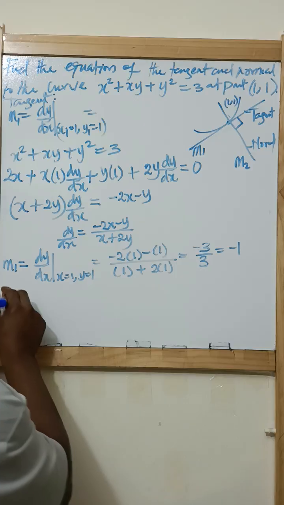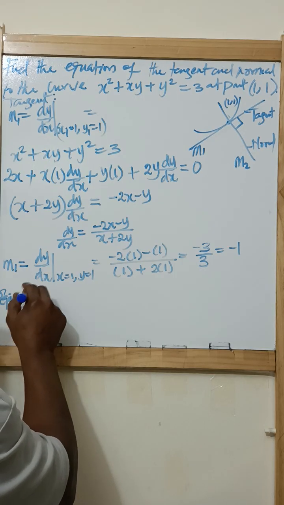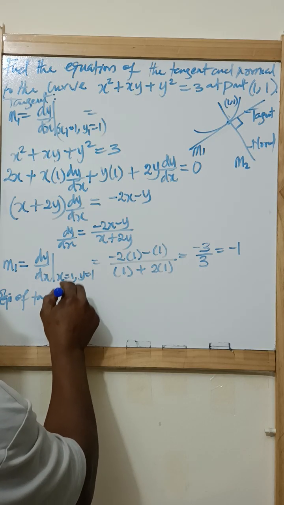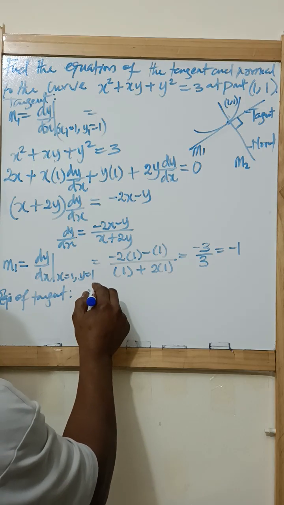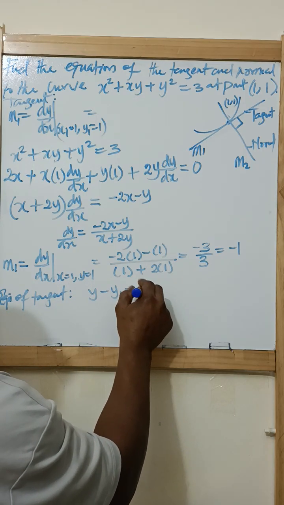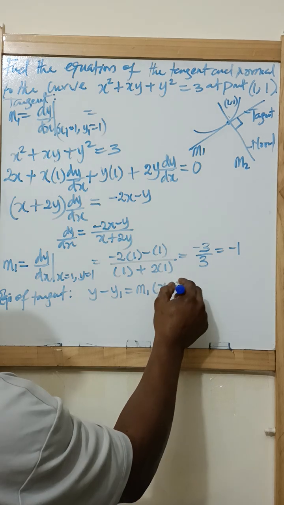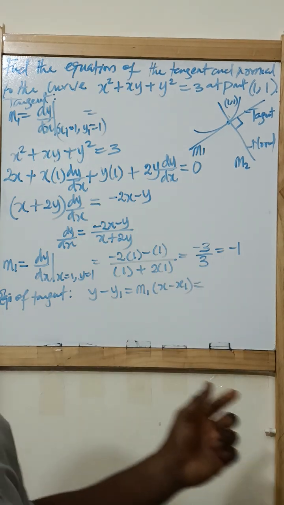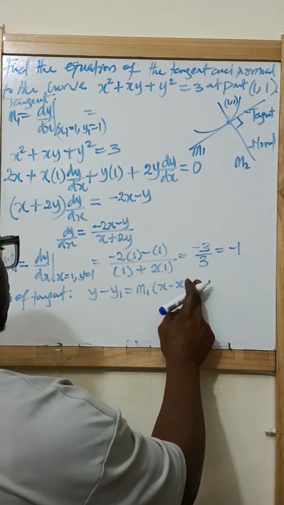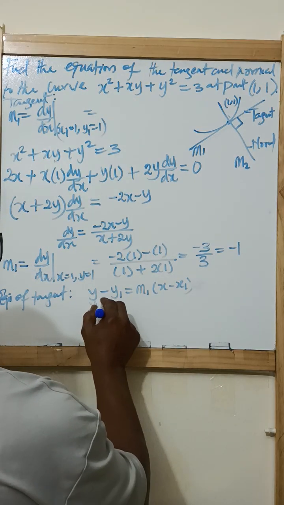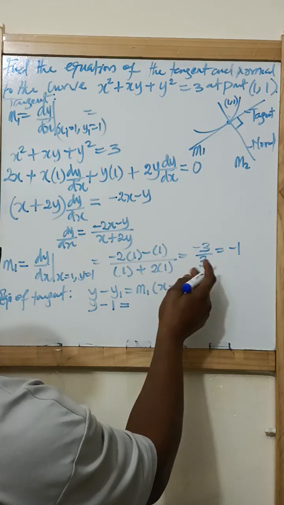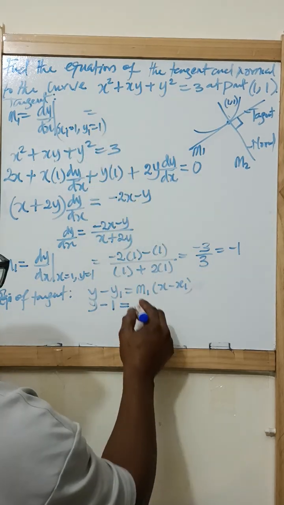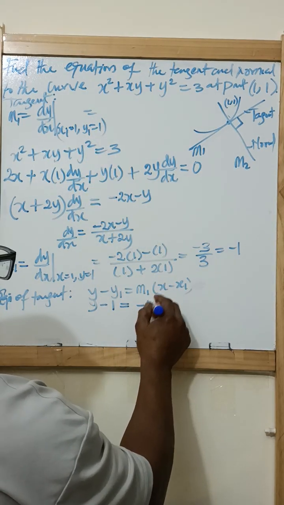So the equation of the tangent will be y minus y1 equals m1 into x minus x1. So what is y minus y1? Okay, so y minus 1, because x is 1, y is 1. Then m1 is minus 1.